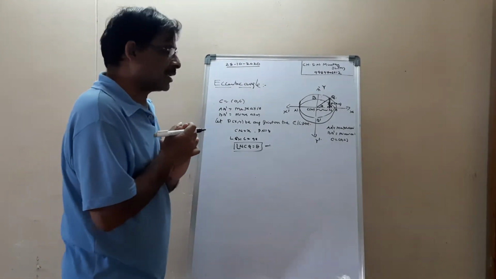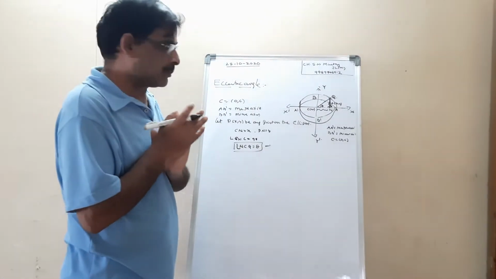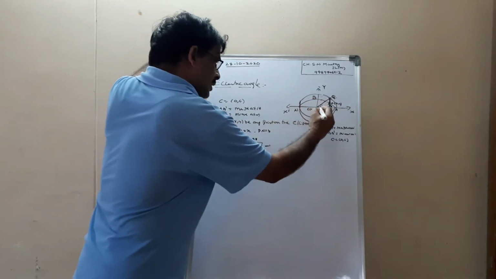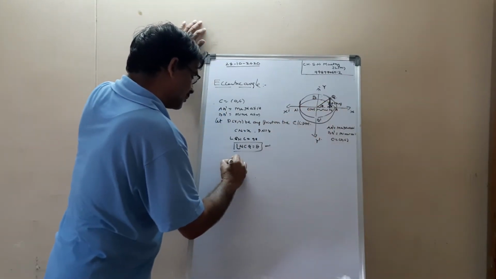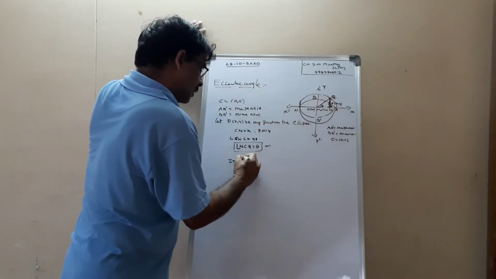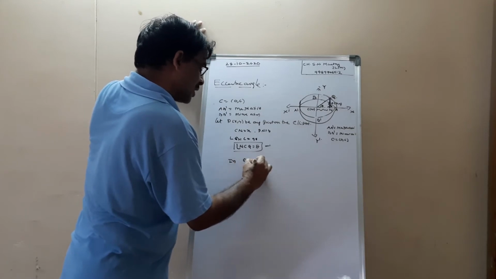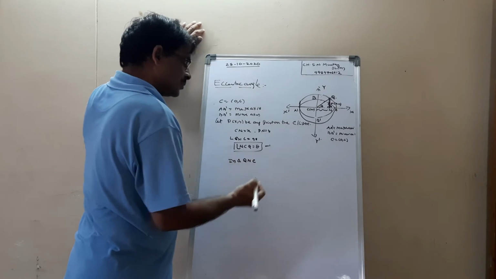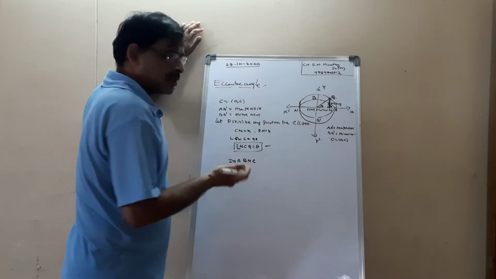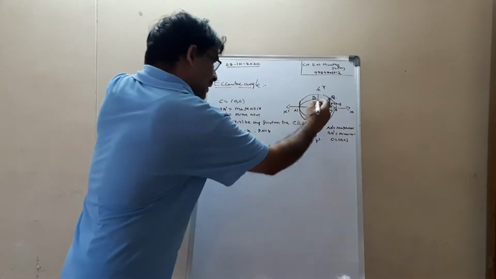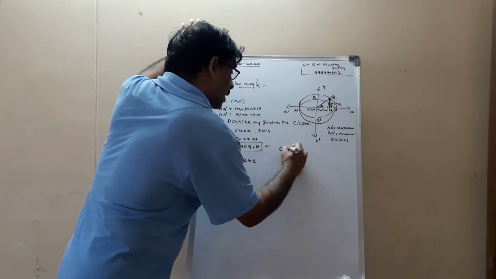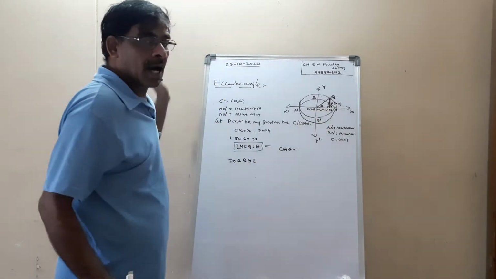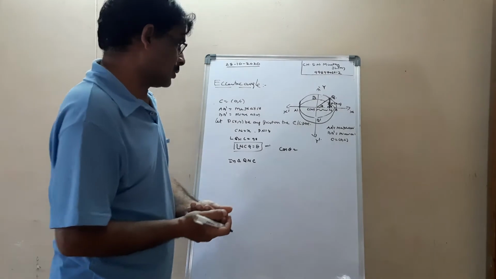Now, what are the coordinates of P? Let me see. You take this right angle triangle QNC. In triangle QNC, there is a right angle. What is cos theta? Cos theta equal to adjacent side by hypotenuse.